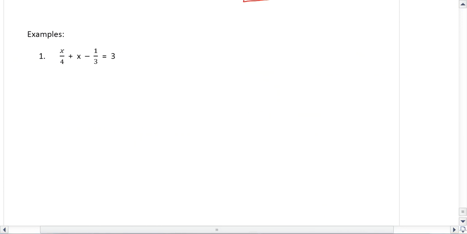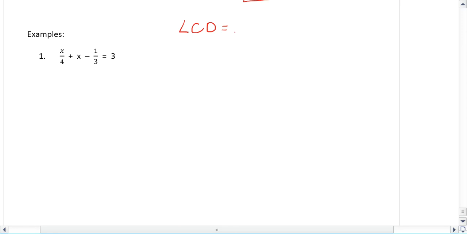Let's go through these steps now in solving this algebraic equation that has some fractions in it. So step 1, we are figuring out what the least common denominator is relating all the fractions in this problem. So we have two denominators, a 4 and a 3.